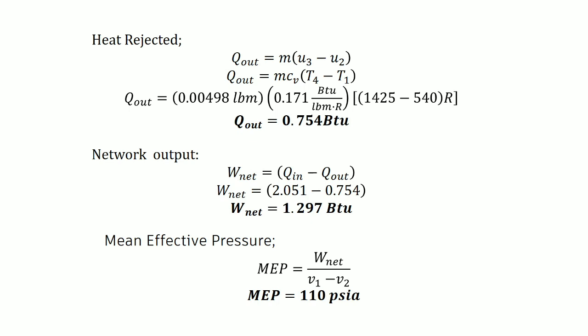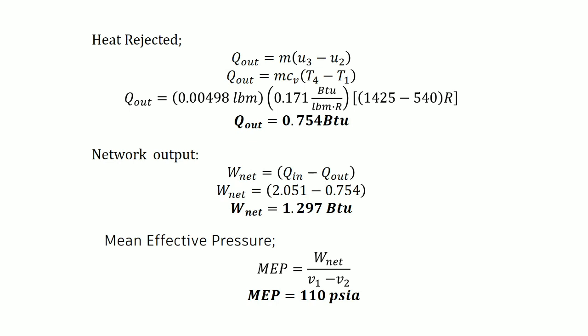Plugging in, we now have the net work output of our cycle to be 1.297 BTU. And last, for our mean effective pressure, using this formula, net work all over the difference between the specific volumes at state 1 and state 2, we calculate that and get 110 psi for our mean effective pressure.